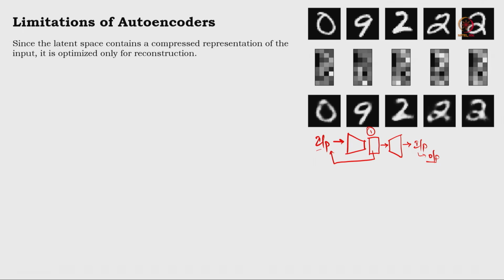Once we get the latent representation, it is passed as an input to the decoder for reconstruction. Now, all the limitations that we are seeing in autoencoders are with respect to the latent space only. So, what is the first limitation?